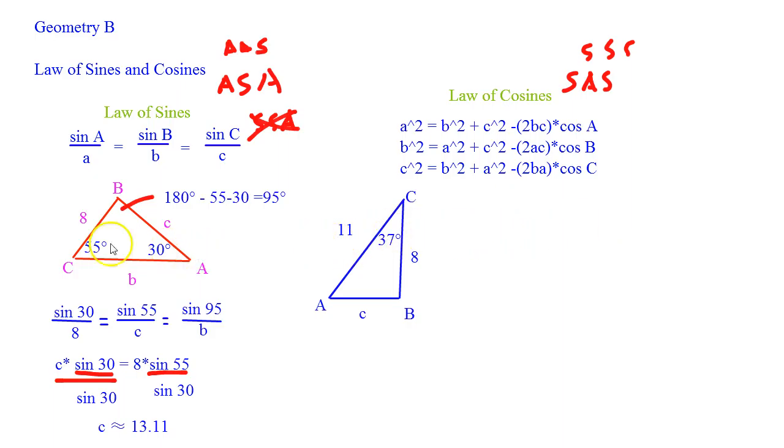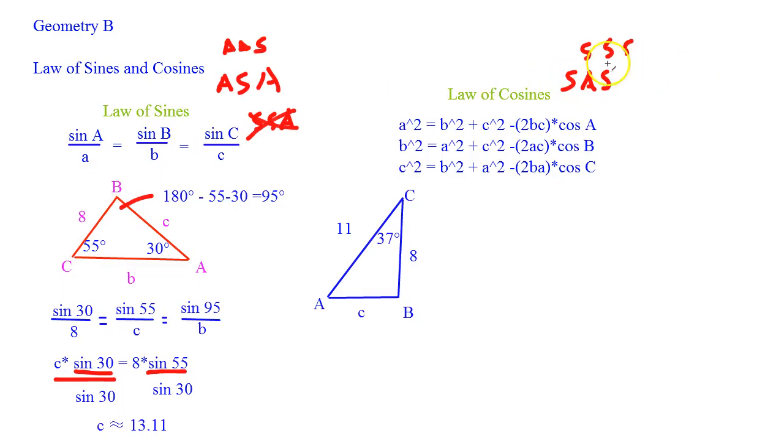Let's just solve this problem. What I usually tell students is, if you're doing SAS, you can start with anything, and I would probably start with the one that gets you side C. If you feel like you can replace A, B, and C with anything, that's totally fine.